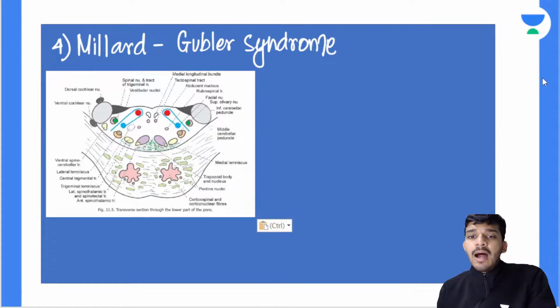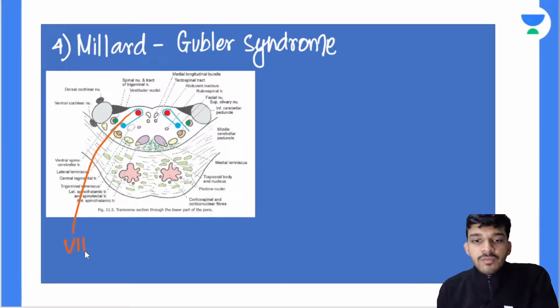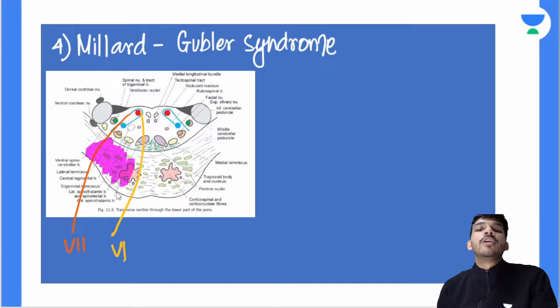In Millard-Gubler syndrome, you can understand that this is the facial nerve coming out, and remember this was the abducens nerve, the sixth cranial nerve. In Millard-Gubler syndrome, there is damage to the facial nerve and the corticospinal tract, just like this.